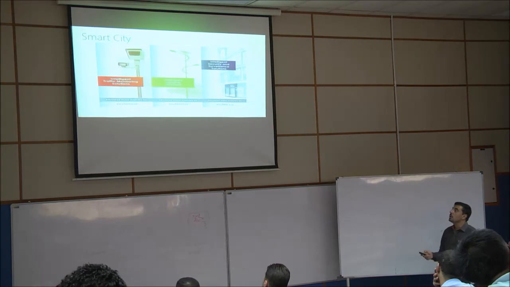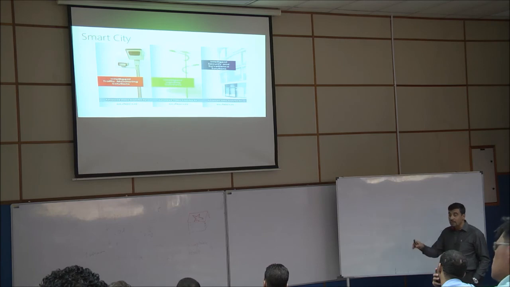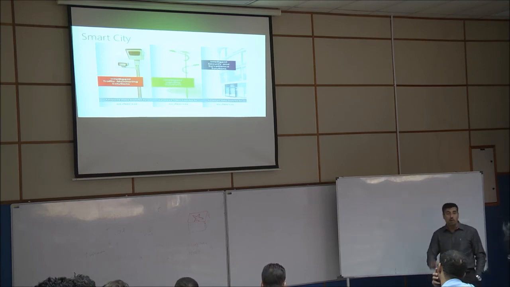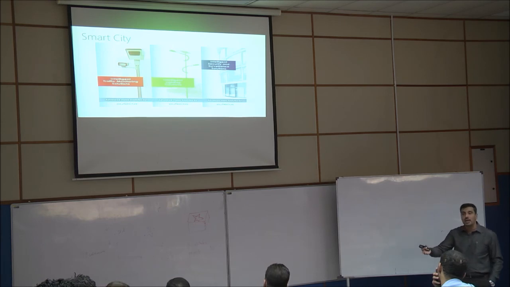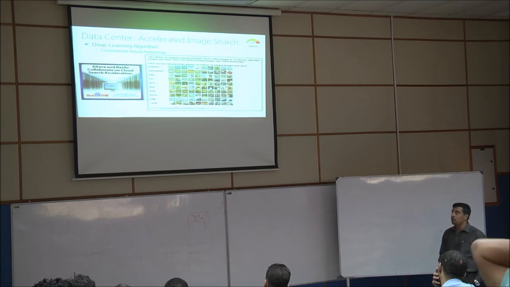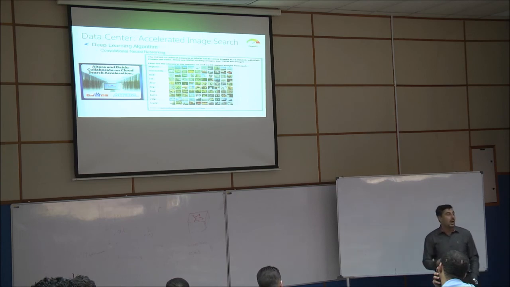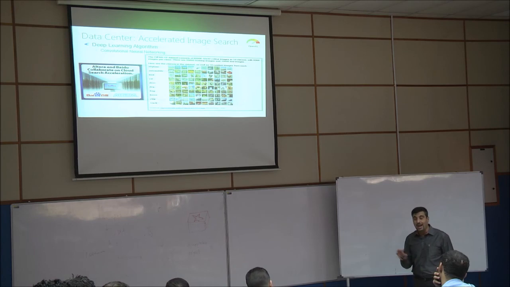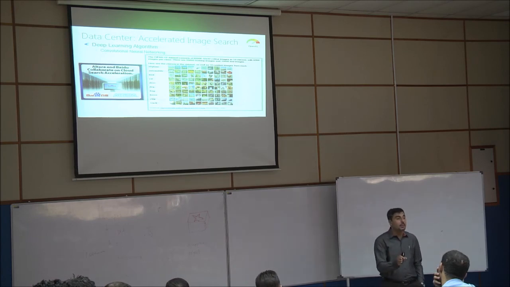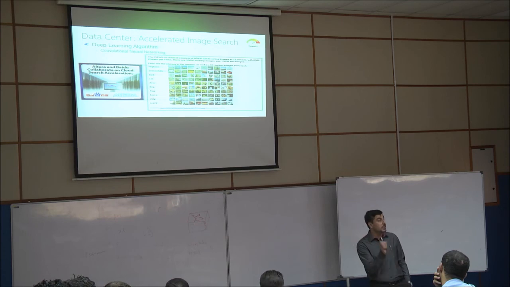Okay? So smart cities, how we can monitor all of this inside the city, how we do automation inside the city, monitoring or any utilization for machines inside the city. Okay, data center, for example, applying the deep learning algorithm. This deep learning algorithm is actually an AI algorithm, artificial intelligence, and this algorithm is already used by NVIDIA in GPU for Tesla on the car. Okay, they're using deep learning algorithm.